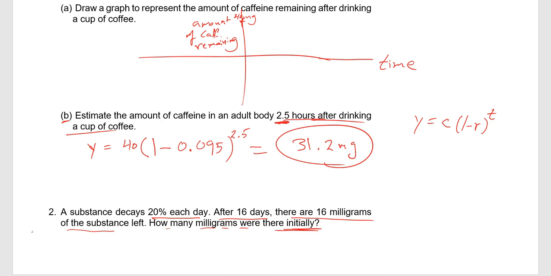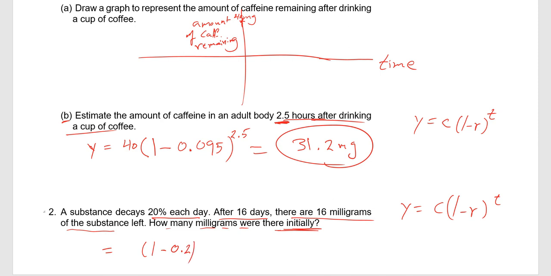This is asking us in a different way, but this problem still follows our equation for decay: y equals C times (1 minus r) to the t power. So what do we have? We have a decay of 20% each day, so we know that our r is 0.2.